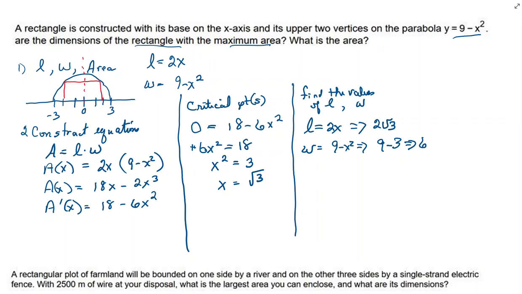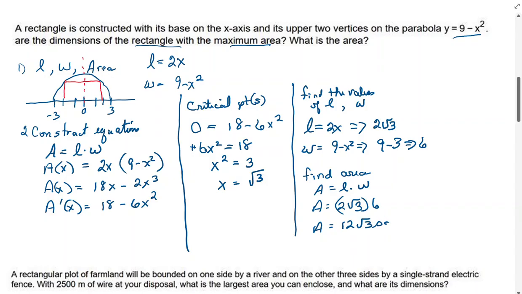So we've got the measurements of each of the parts of that rectangle, and they want the area. Well, we know that the area was length times width. So they wanted this, this, and this.